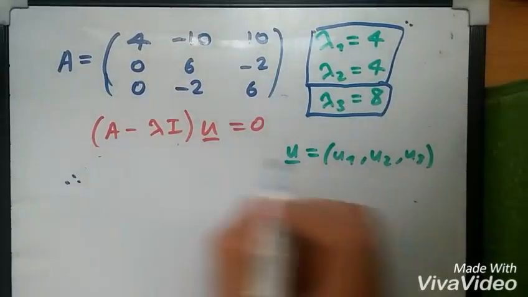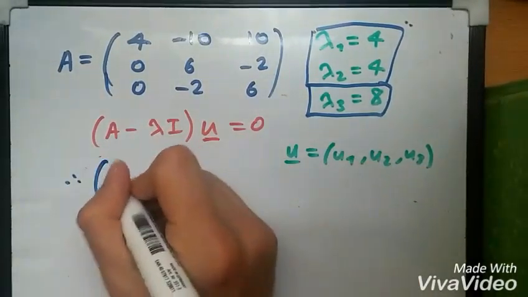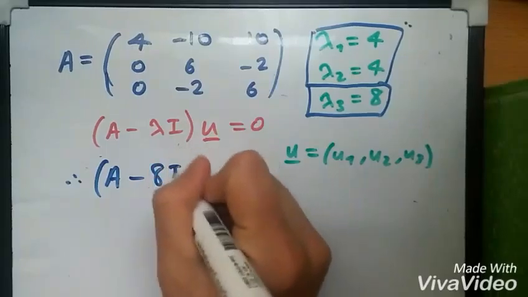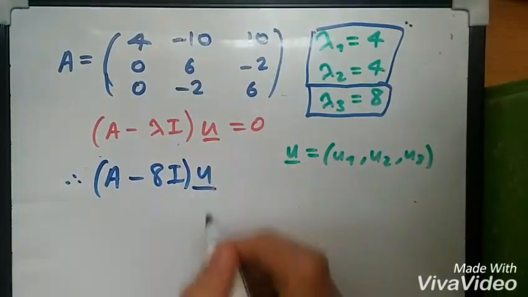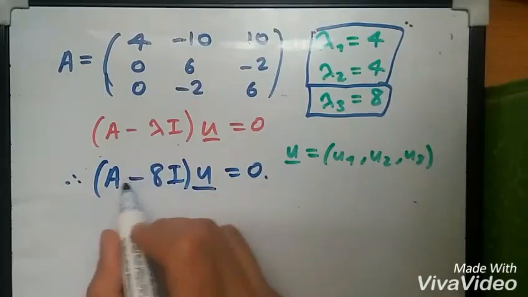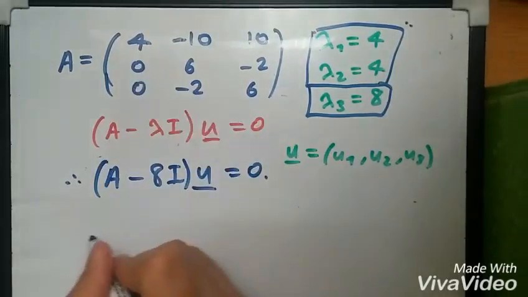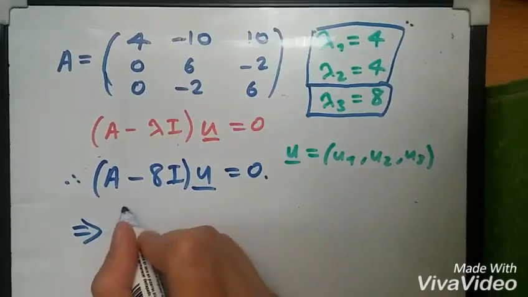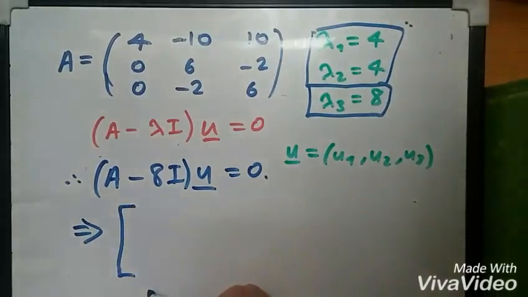So therefore, replacing lambda equals 8 here, we have A minus 8I times the eigenvector u, which equals 0. And just solving this quickly, A minus 8I would give us, so this was pretty straightforward.